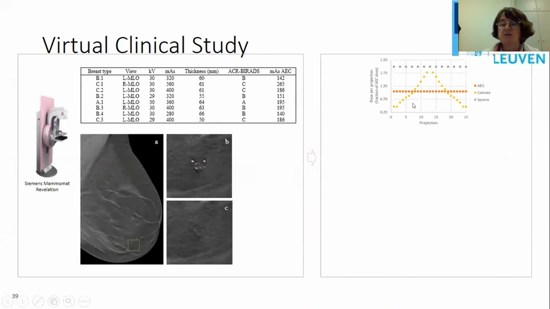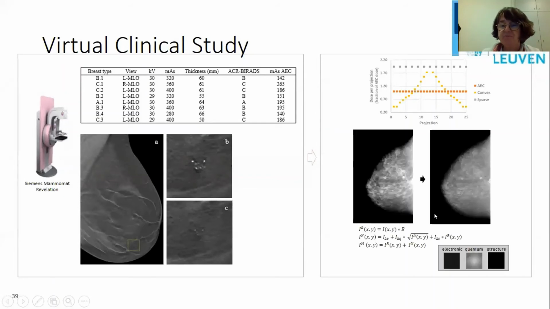So she simulated the situation with just the same dose over all projections, or a dose that was lower at the periphery and somewhat higher in the center, and then also a more sparse situation, so a higher dose per projection, but fewer projections.